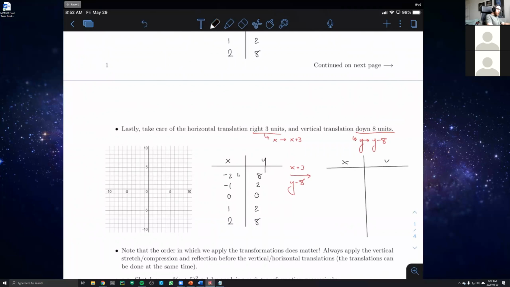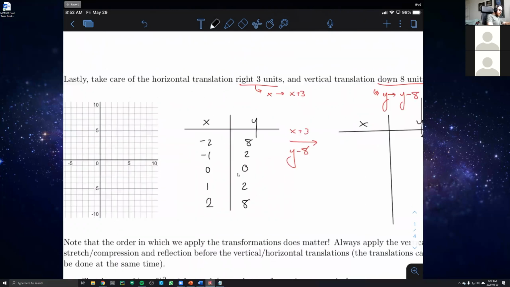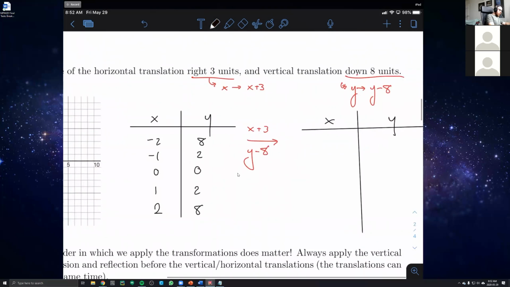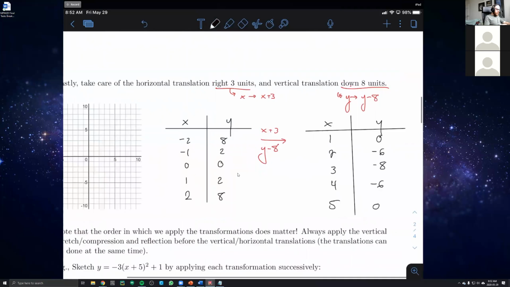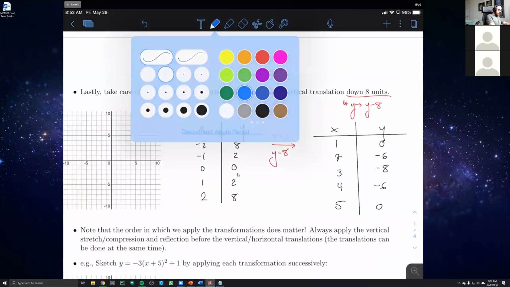So x and y. I'm going to add 3 to all of my x values. So that'll be 1, 2, 3, 4, 5. And then I'm going to subtract 8 from all of my y values. So 0, -6, -8, -6, 0. Okay. And now I have another table of values to plot here.